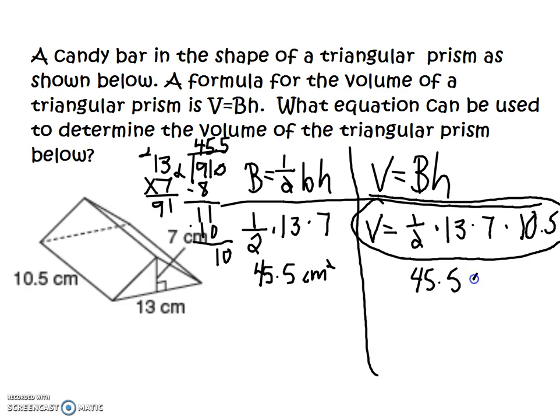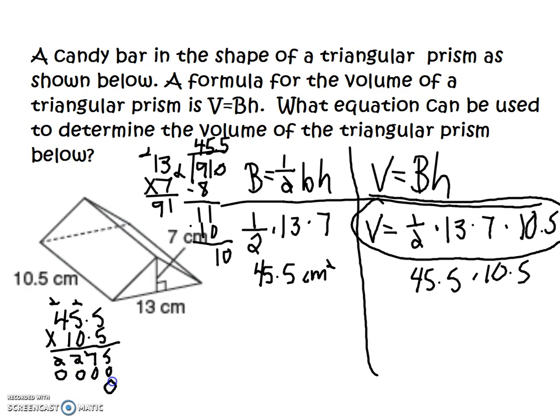Well, then you have to do 45.5 times 10.5. So we can multiply. 5 times 5 is 25. 5 times 5 is 25 plus 2 is 27. 5 times 4 is 20 plus 2 is 22. The first row is 2275. Put a placeholder. Anything times 0 is 0. So 0, 0, 0.